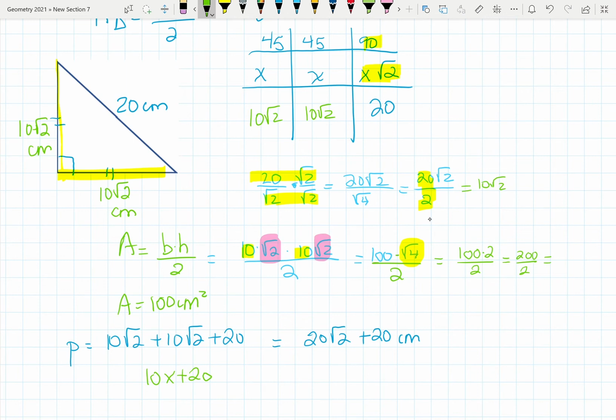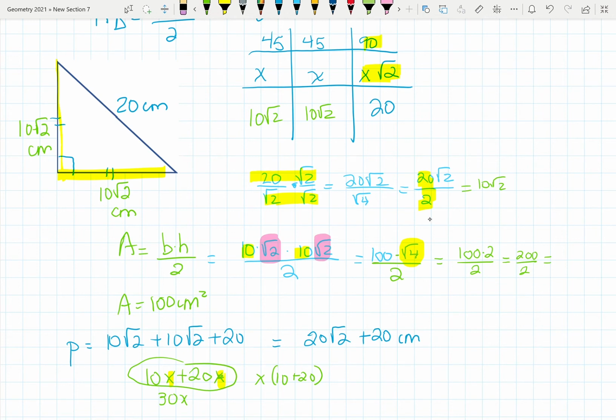And the reason I could add, if I had 10x plus 20x, and those are like terms, I could add them because x is a common factor for both of those terms. So I could just factor out the x and say that's 10 plus 20. Distributing would bring me back to the original problem, because that's what factoring is the opposite of distributing.